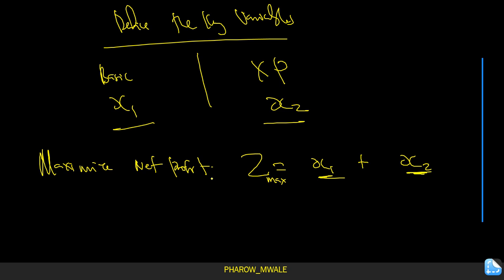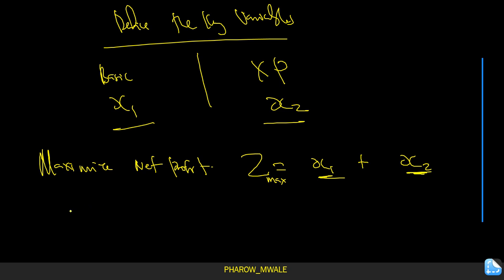That is what we are trying to determine in the objective to maximize our net profit. It is how much profit does one XP and one basic make us.